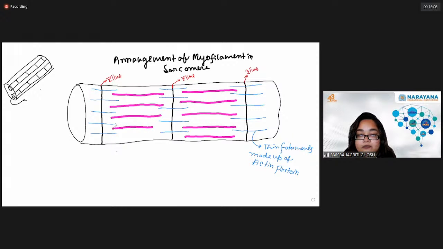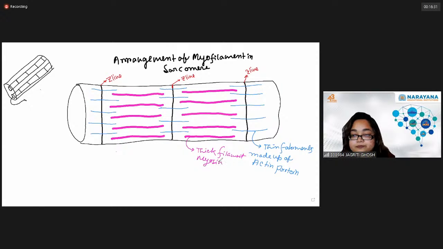So this thick filament is made up of myosin protein. Myosin protein.